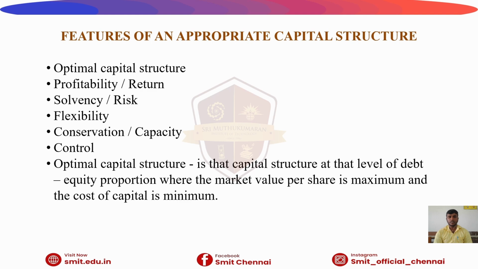Third, solvency or risk: it should not expose the firm to excessive insolvency risk. Fourth, flexibility: it should allow alteration without much cost or delay. Fifth, conservation of capacity: it should match the firm's ability to generate profit to pay interest and principal.